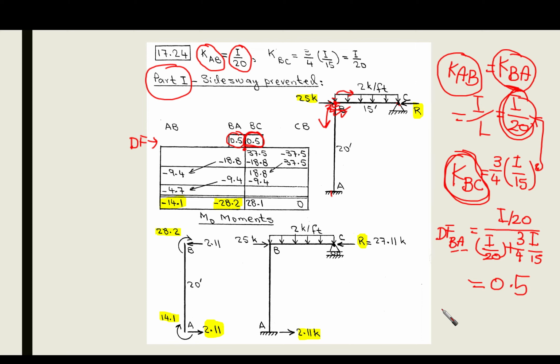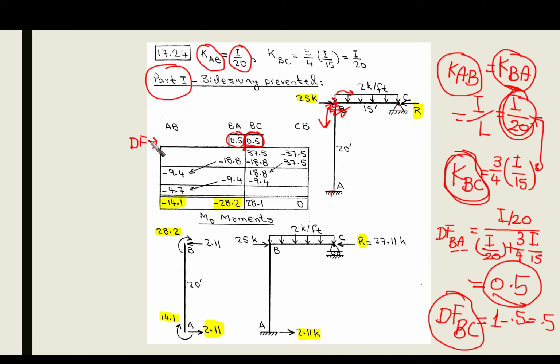Without thinking too much, the distribution factor for BC, the other side of point B, is going to equal 1 minus 0.5, because we have only two members framing into point B. If BA is 0.5, definitely the distribution factor for BC is going to be 0.5 as well, because the summation of the distribution factors at the same point should equal 1, as we have explained before.